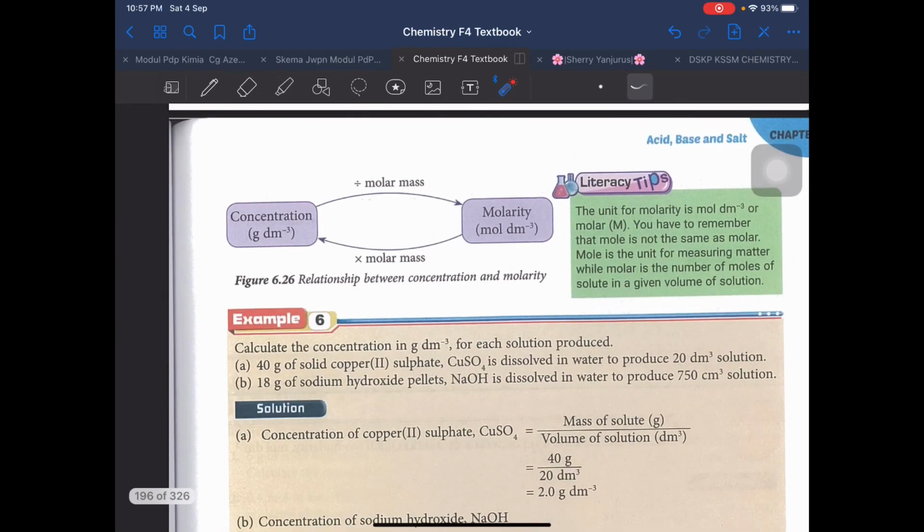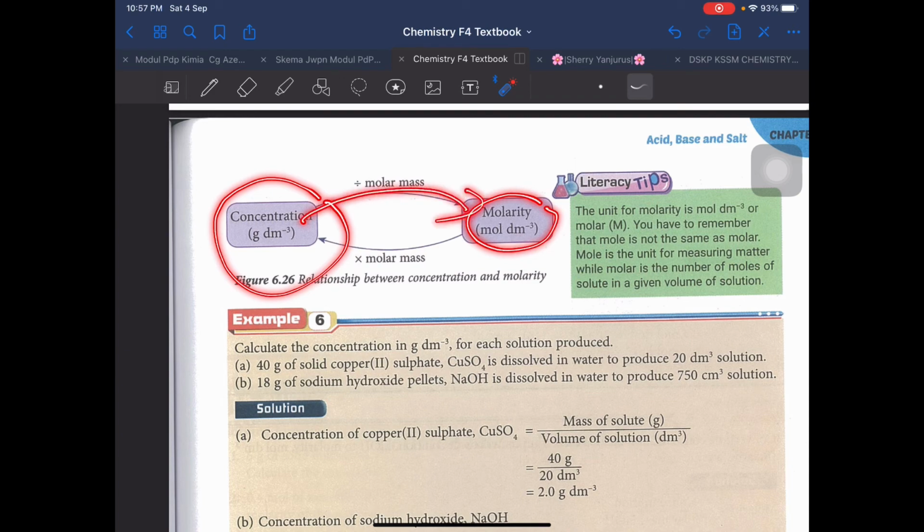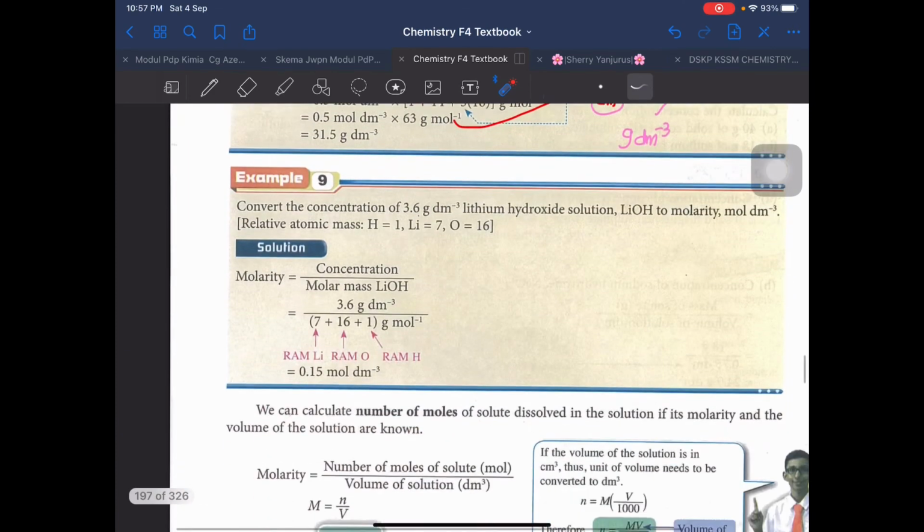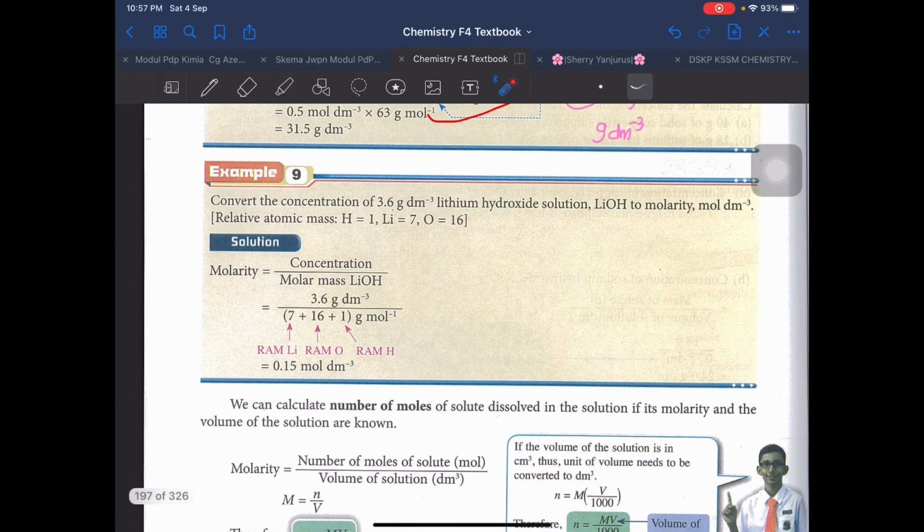If you are given concentration, you want to find molarity, so you have to bahagi molar mass dia. Okay. So what is this? This is the molarity, okay? Molarity adalah sama dengan concentration over molar mass. Kenapa lithium hydroxide? Because this is what the soalan want you to find.